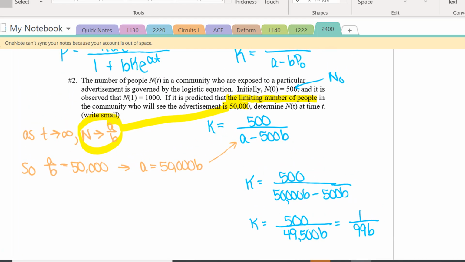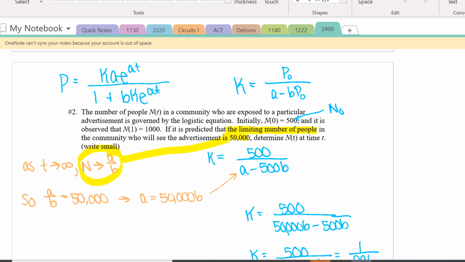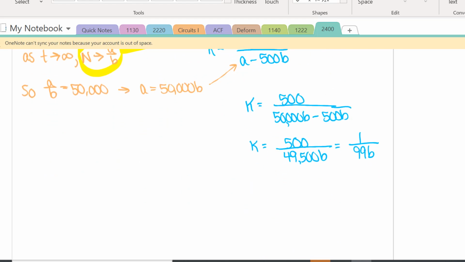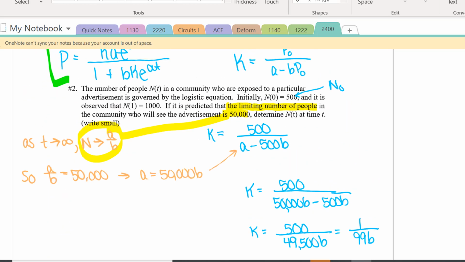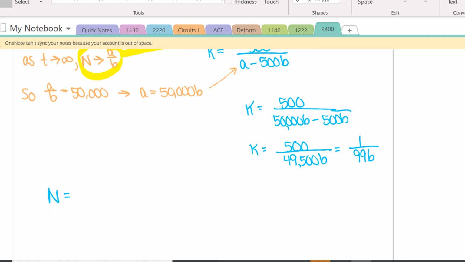Okay, so I've used the 500. I have not used the n of 1 equals 1,000. I've used the 50,000. So I'm going to modify this equation using the information I know so far, but replacing the P with N. So I would have N equals K times A. So I'm going to use what I've just found for K, 1 over 99B.